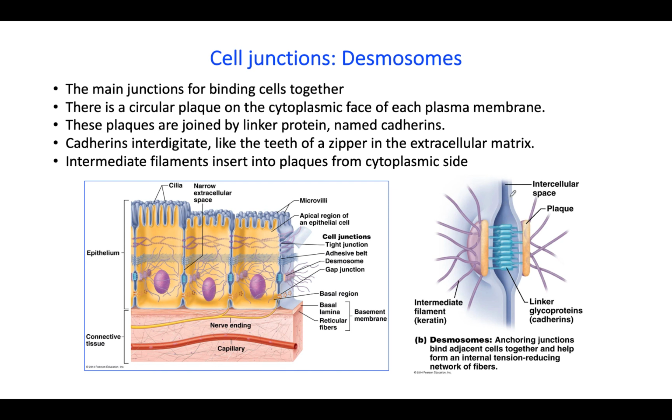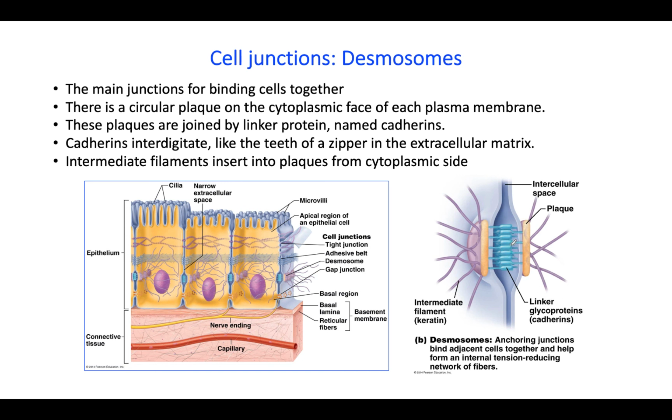This is the plasma membrane. Here's one cell. Here's another cell. And this plaque is joined by linker protein. This blue color is called linker protein, named cadherin.